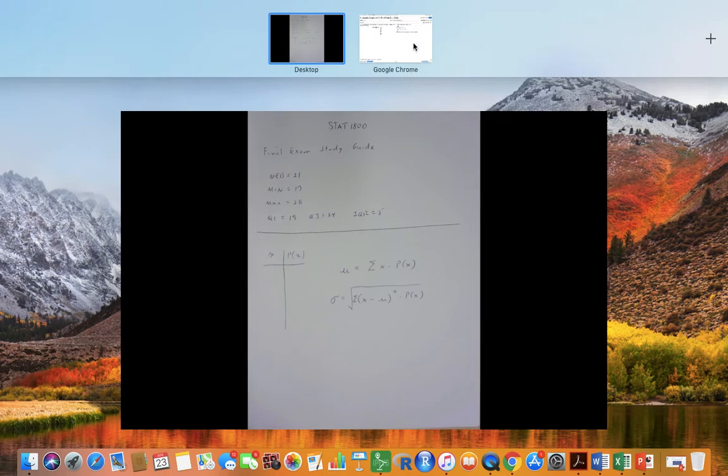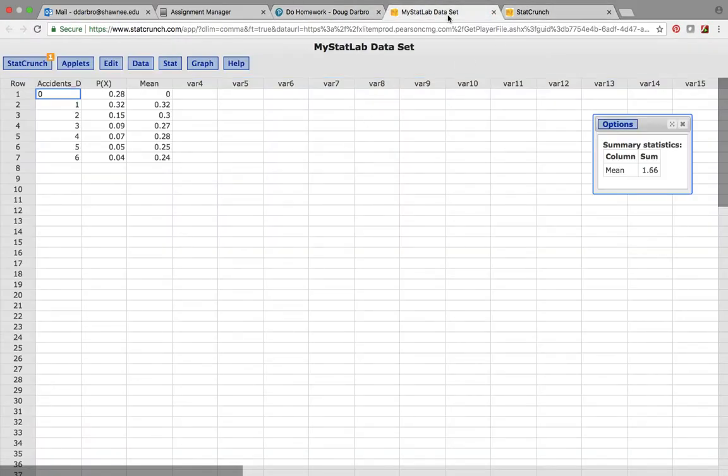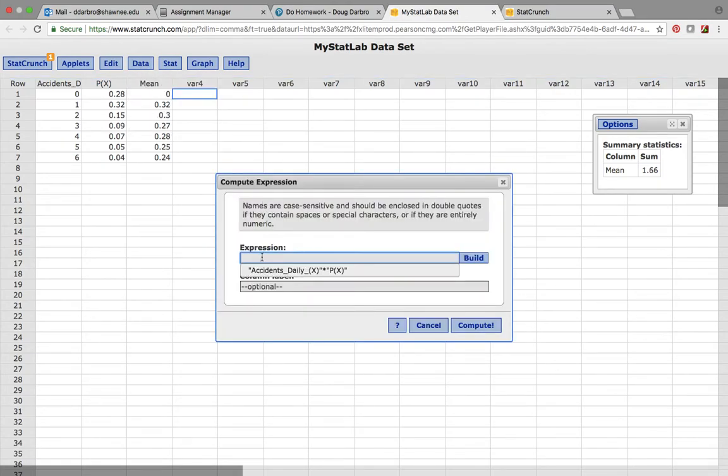So the way I would do this is I would go back to StatCrunch, and I would create a new variable here. So I'm going to go Data, Compute, Expression. And guys, let's think about what we need. Well, let's build this thing.